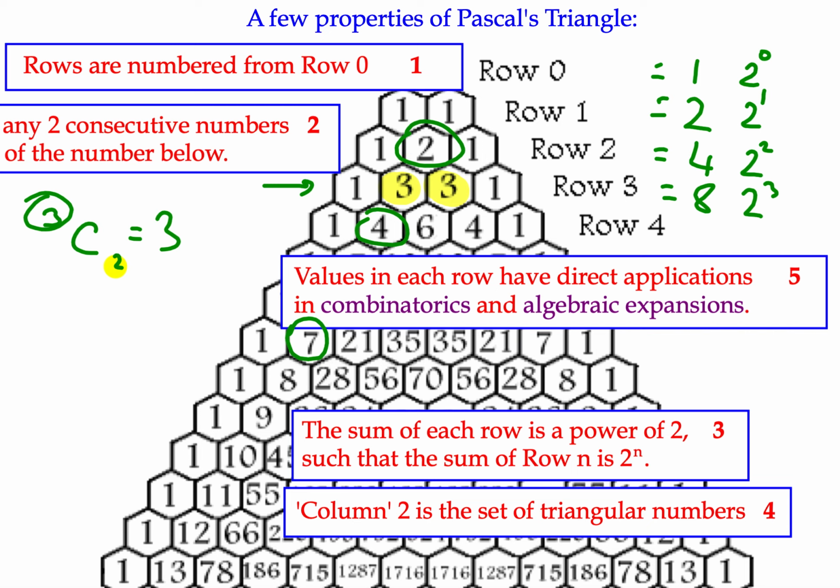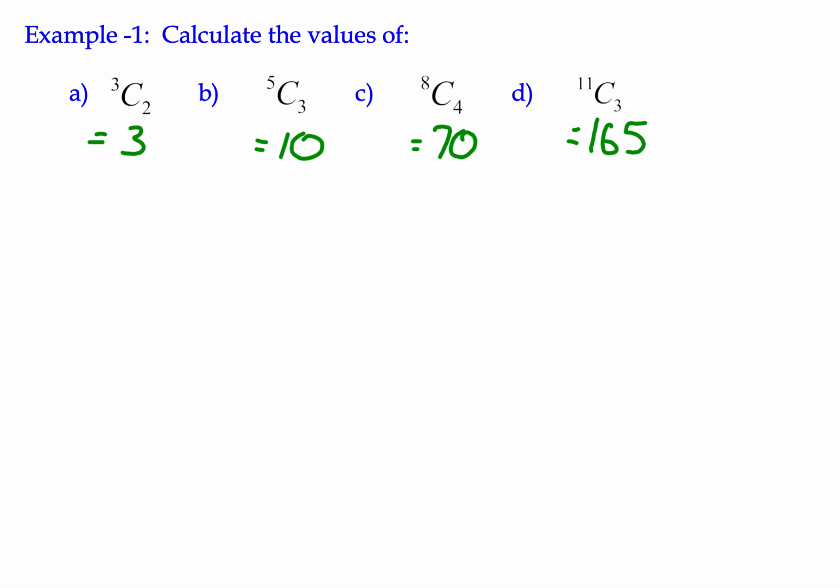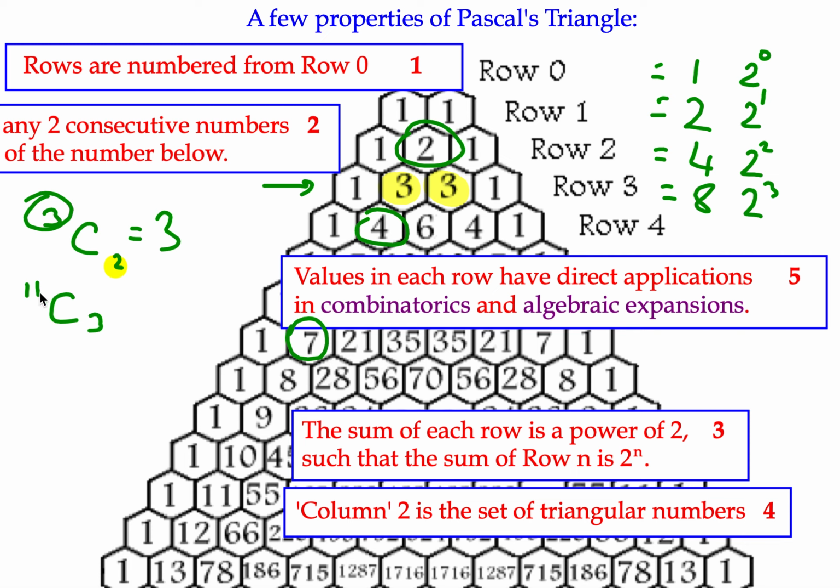Let's have a wee quick look at one of the other ones that we did. What did we say 11 choose 3 was? Well, we said it was 165. So 11 choose 3, let's go to row 11. Row 11 is down here.